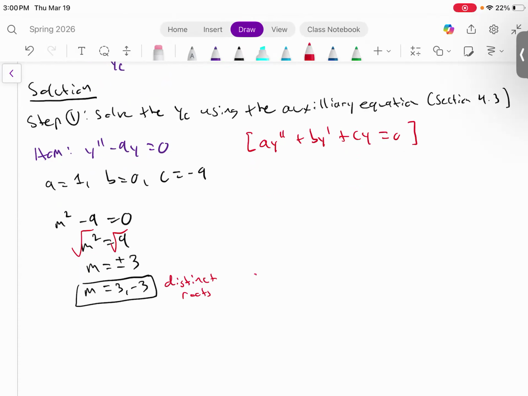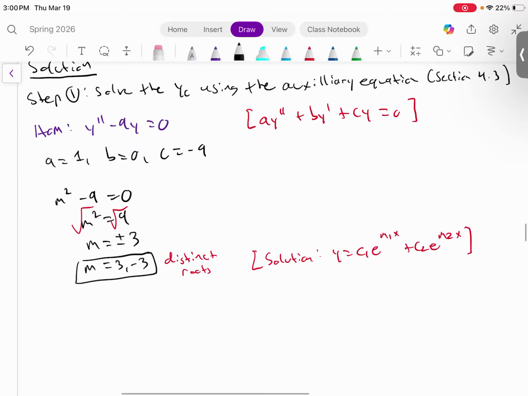Remember that the solution for distinct roots is y equals c1 e to the m1x plus c2 e to the m2x. So when I write up my solution, this would be y sub c equals c1 e to the 3x plus c2 e to the negative 3x.